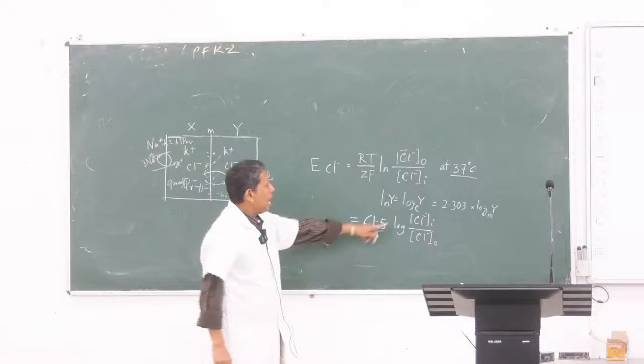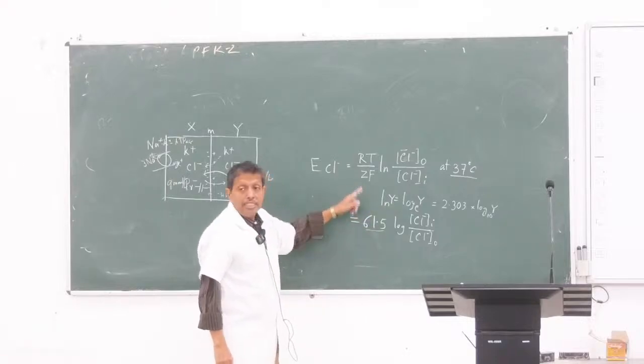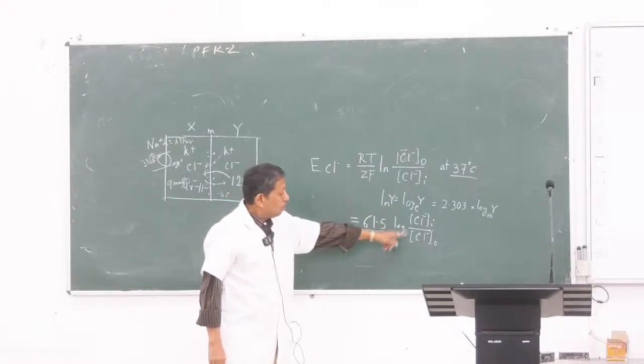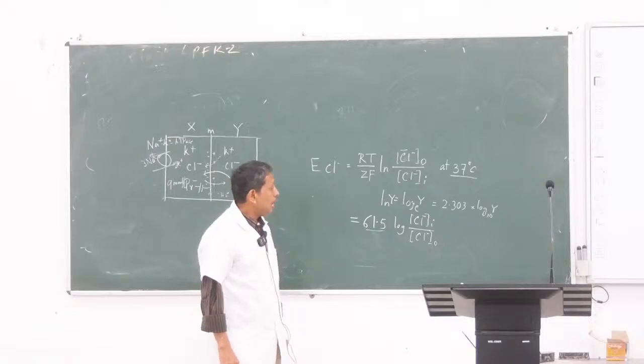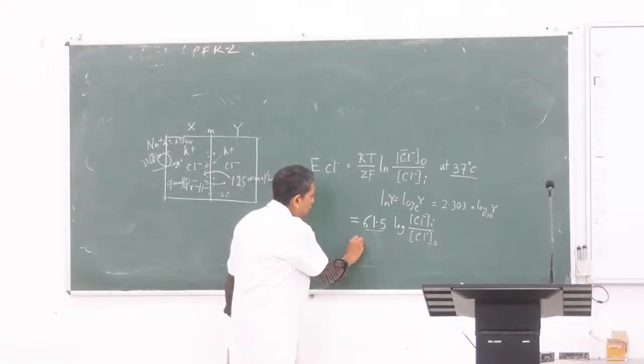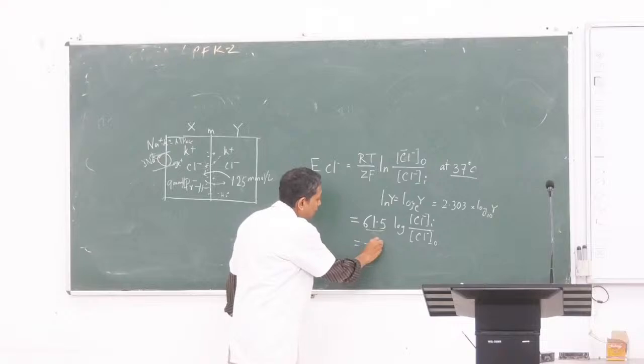To remove this negative value, we have inverted the chloride concentration in the logarithm, and it becomes almost equal to that of -70 millivolt in case of an axon.